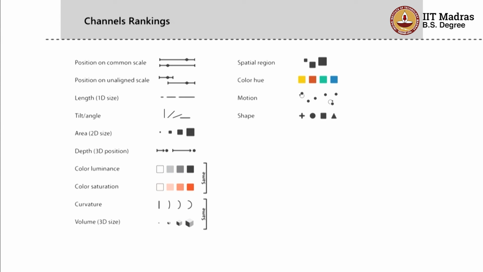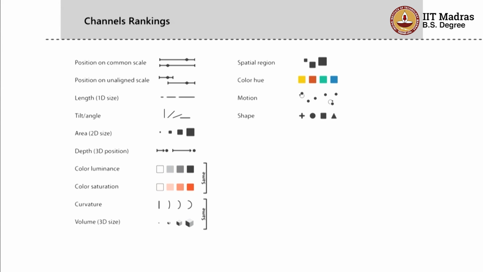So this is the same thing but visually represented. Position along a common scale is the most effective. Unaligned scale is second. Length, angle, area, 3D or volume, color luminance and color saturation have the same ranking, equally effective.